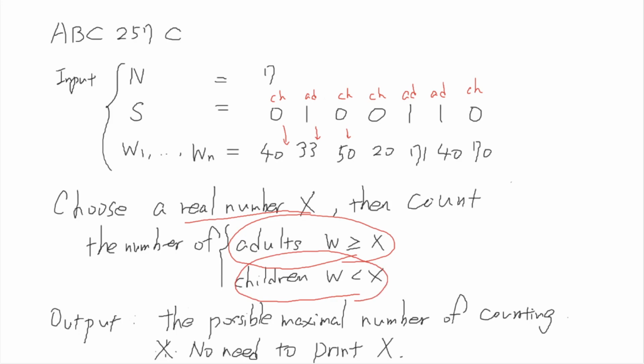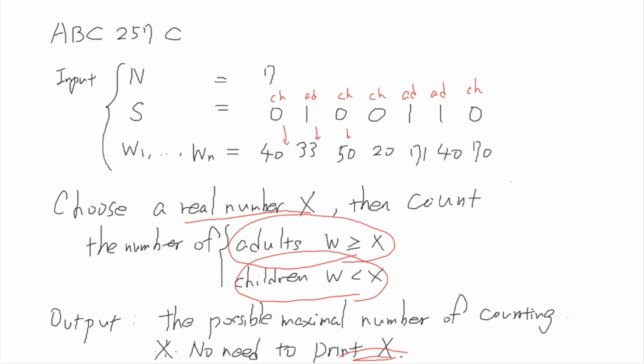We count them, and then the output is the possible maximal number of the counting. But note that you don't need to print x. So this is the problem.